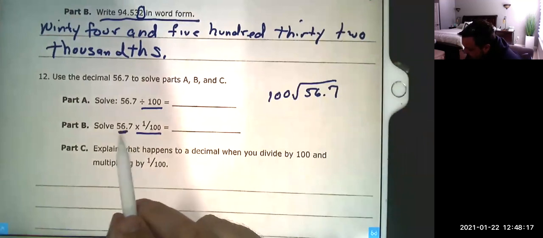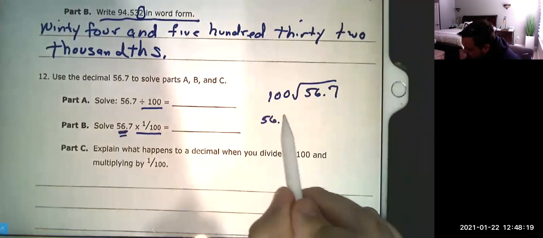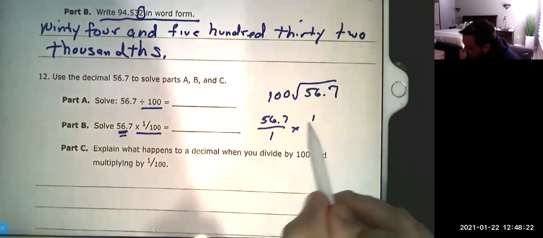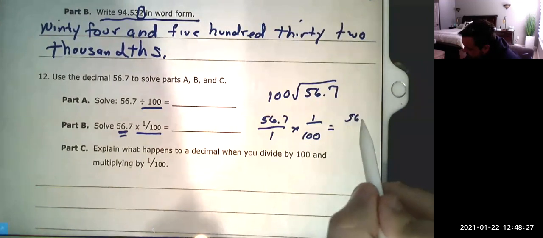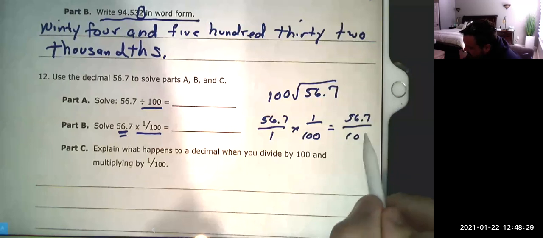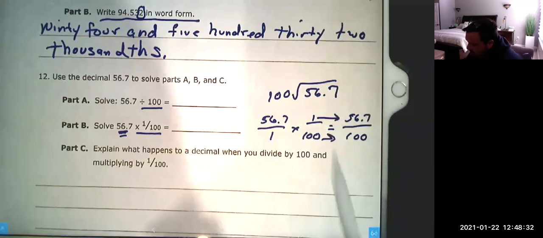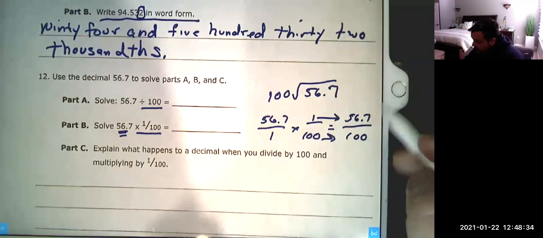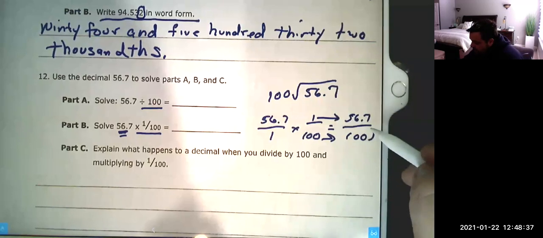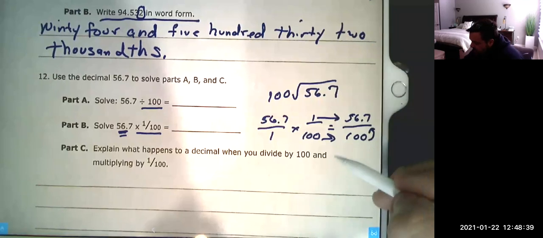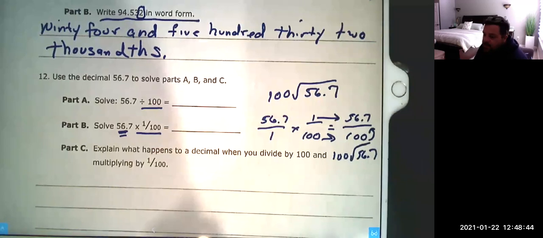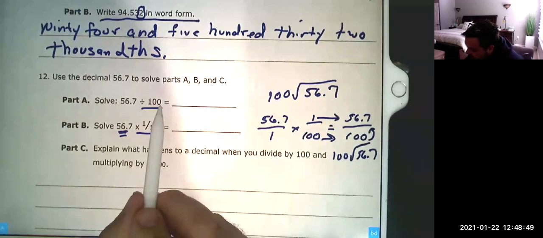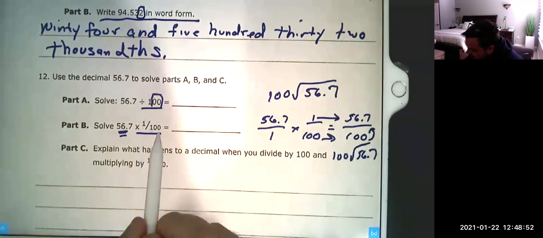You would have to turn this into a fraction, and it would be 56.7 over 1 times 1/100th. And then if you multiplied this out, you would get 56.7 over 100, just multiplying it straight across, right? Because we don't need a common denominator. But then remember, this fraction turns into 100 going into 56.7, right?